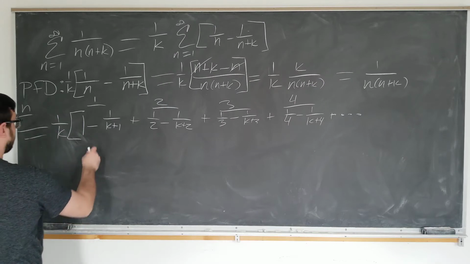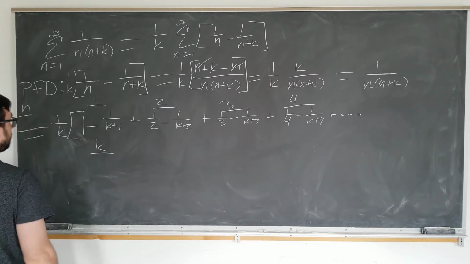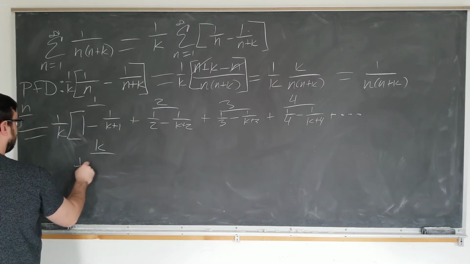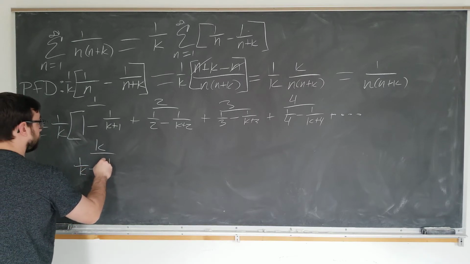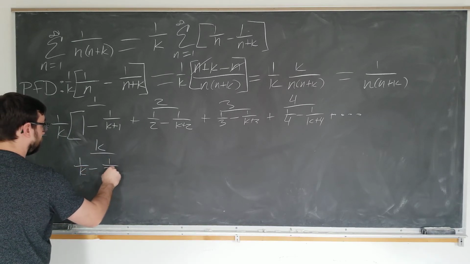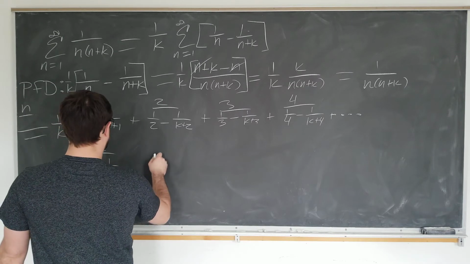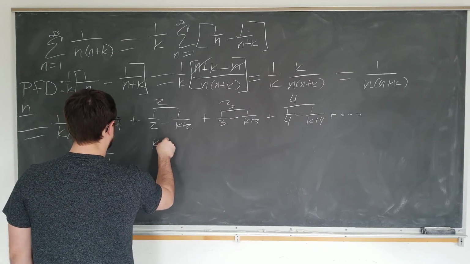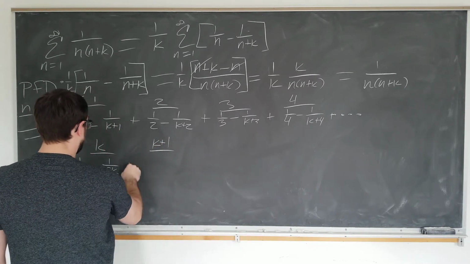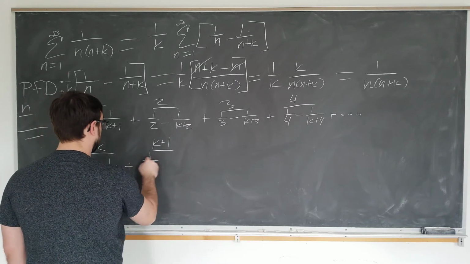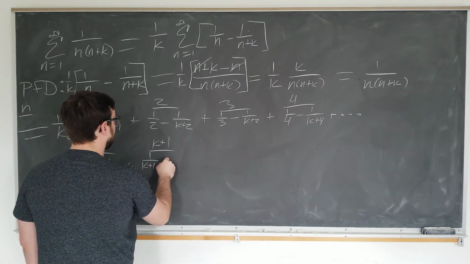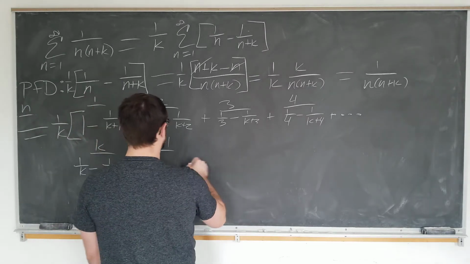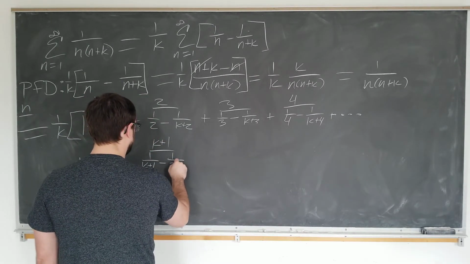For that term, we're going to have 1 over k minus 1 over k plus k, which is 2k. And then for the k plus 1 term, we're going to have 1 over k plus 1 minus 1 over 2k plus 1.